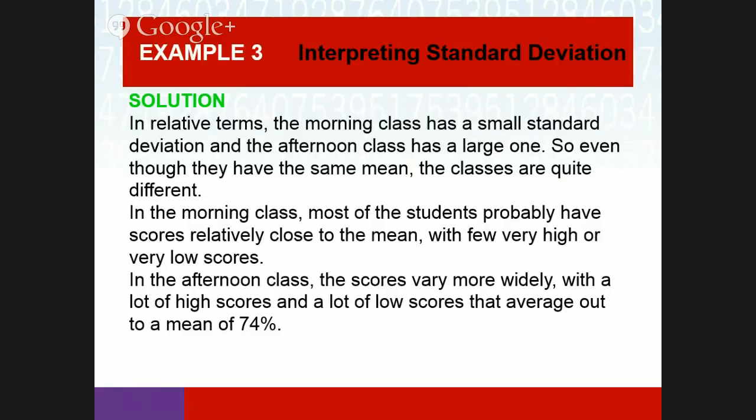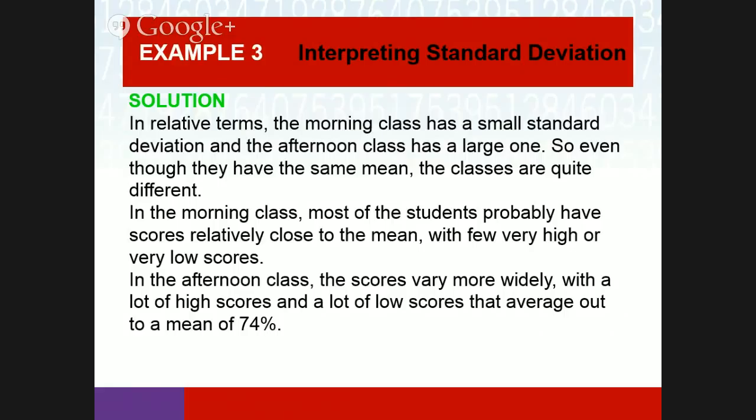In the afternoon class, they have a lot more range of scores. The range is larger. Scores vary more widely, with a lot of high scores and a lot of low scores that average to a mean. So you can think of standard deviation as how far away each data point is from the middle. The middle is the mean in this case.